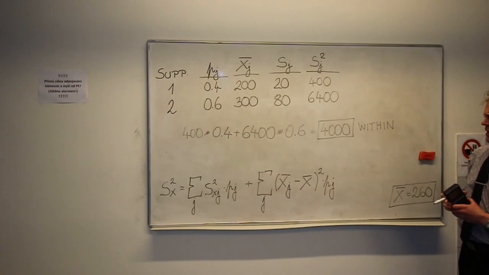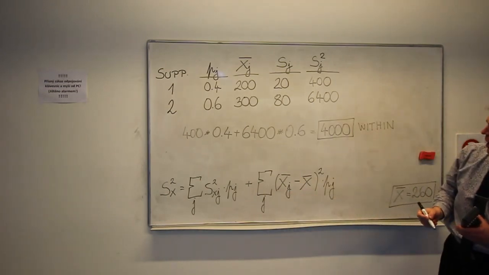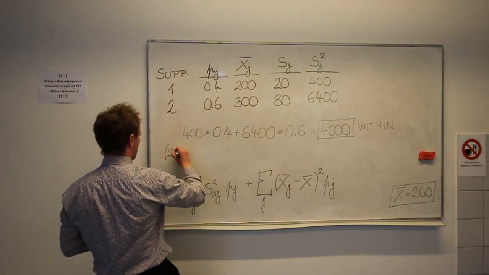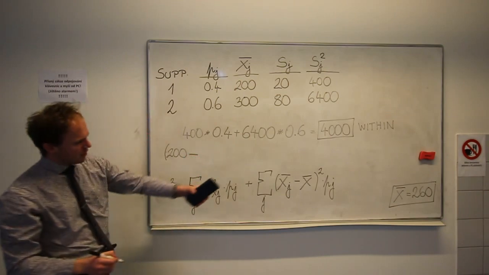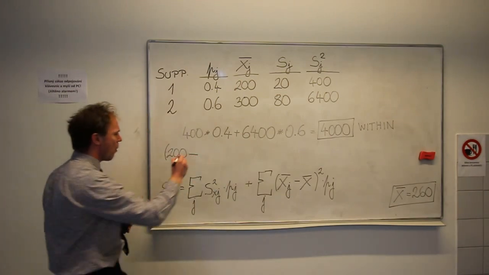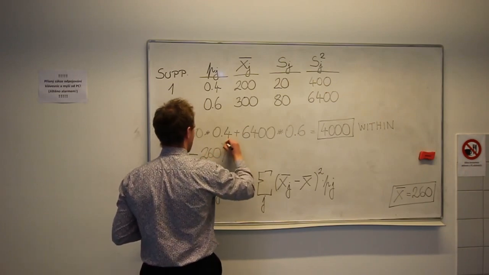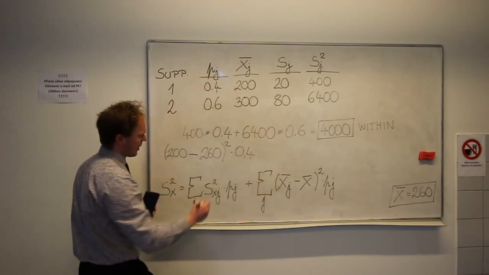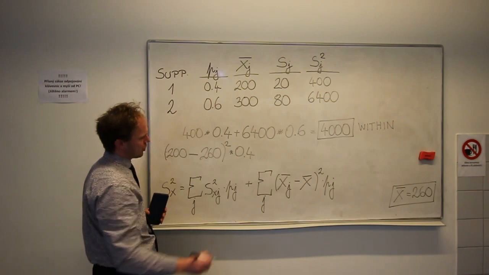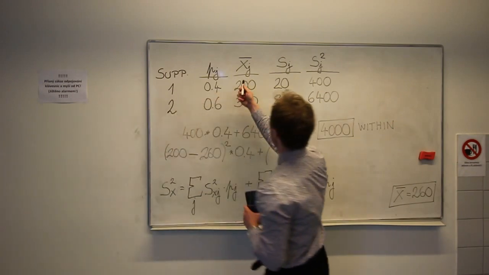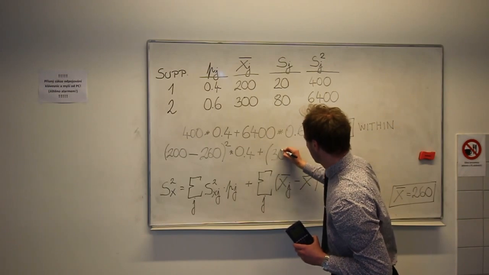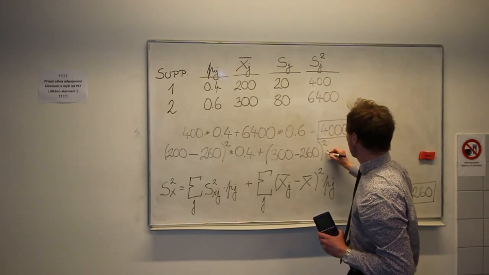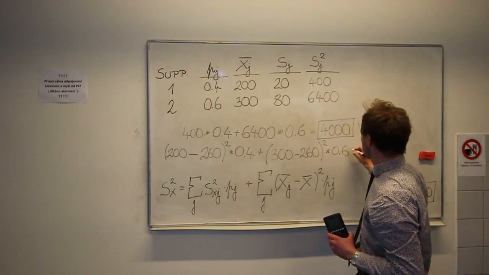And now this between group variability. So the first mean 200 minus the total mean which I calculated before, 260, squared, weighted by 0.4. This is multiplication, plus there will be another mean 300 minus 260 squared weighted by 0.6.